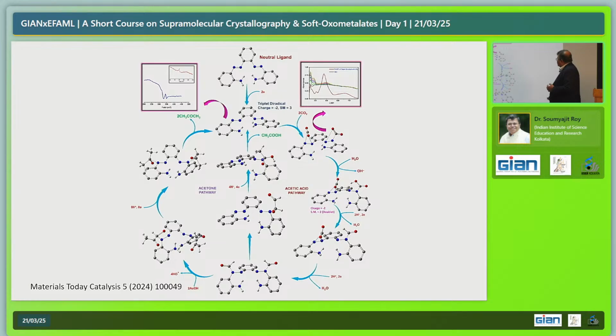And this is the mechanistic pathway where you have the acetic acid pathway, where you see how the carbon dioxide comes on and sits on these azo groups, and then you have the creation of the acetic acid, and then you have expulsion of water together with the formation of the acetic acid in one pathway and acetone in the other pathway.